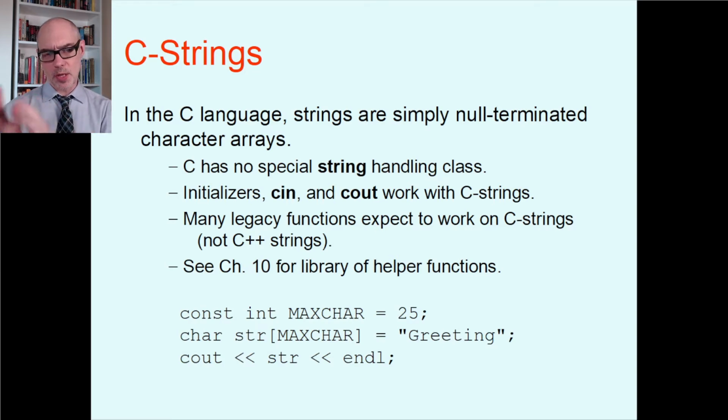Don't forget, there's also a null terminator that comes right after that to tell C++ where the string ends. You don't actually see that. And then once you have that, you can just cout this str, right? Technically, that's a whole bunch of characters in an array, but C and C++ know that you want to handle that like it's a string, and that totally works. It prints out the greeting to the screen.